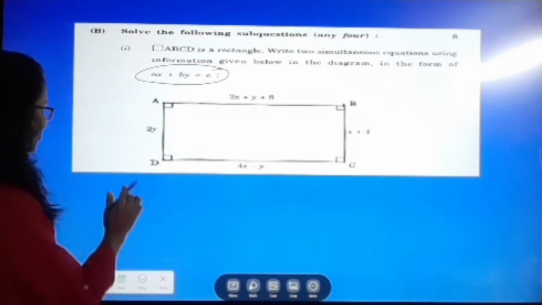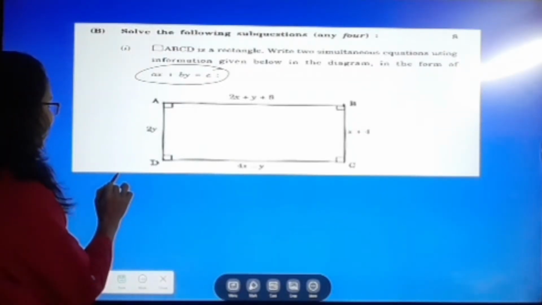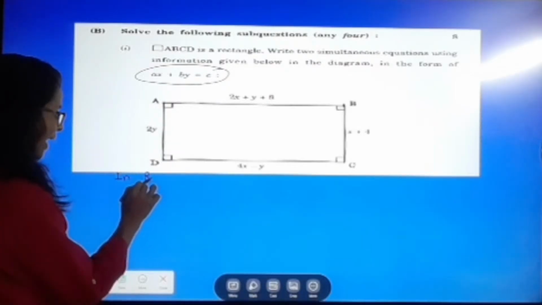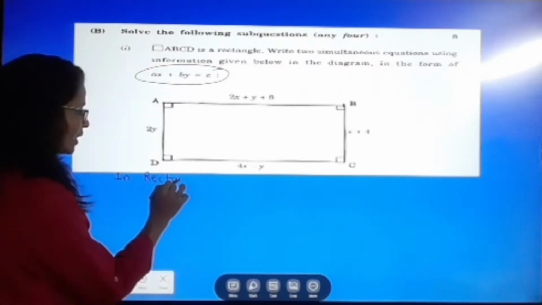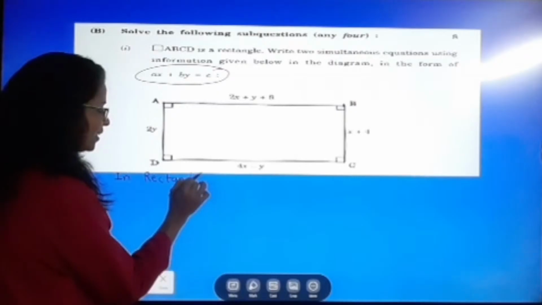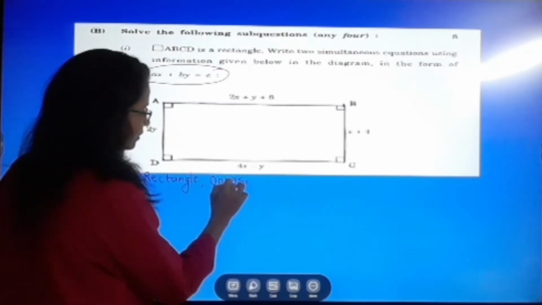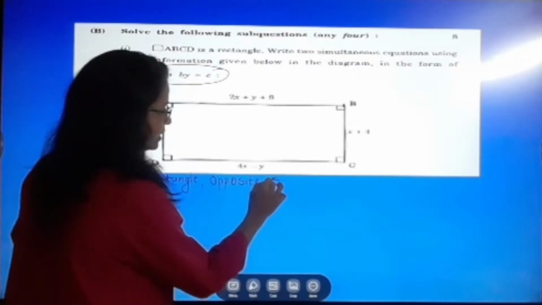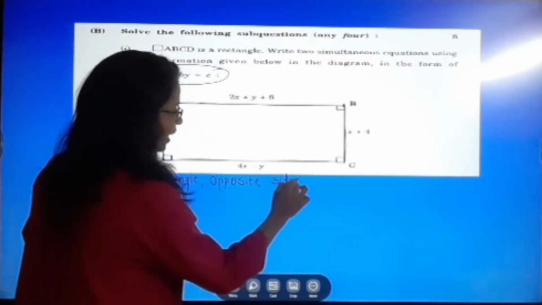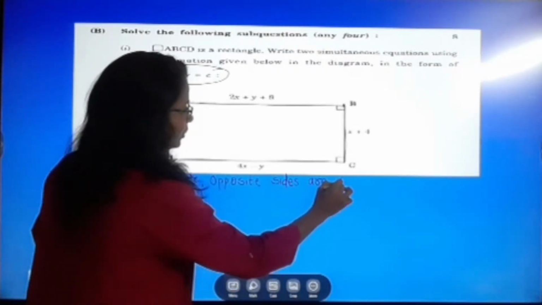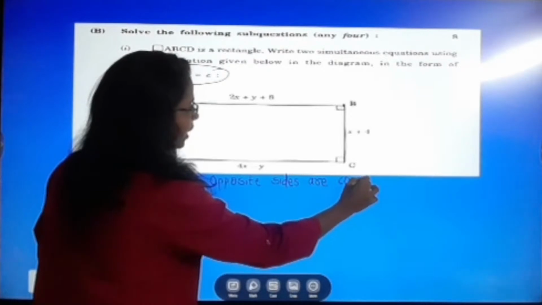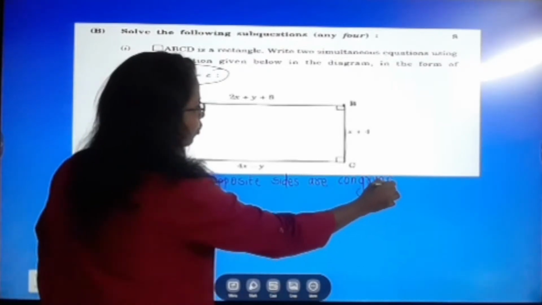I write down the property of rectangle, that means in a rectangle opposite sides are congruent.